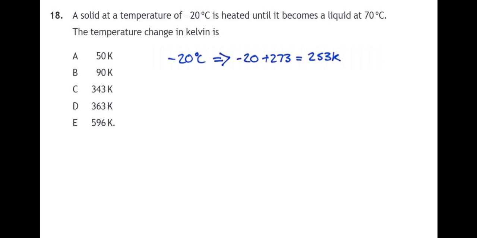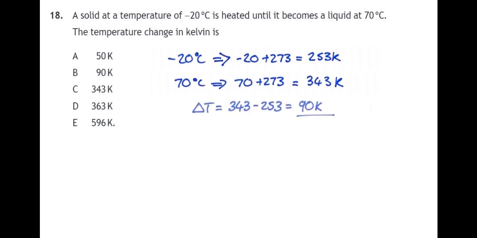The 70 degrees Celsius, change to Kelvin, add 273 and we get 343 Kelvin. So that gives us a change of 90 Kelvin. The change in temperature is the same, regardless if we're dealing with Kelvin temperature or Celsius temperature. Okay, the absolute temperature will change, but the difference in temperatures does not.